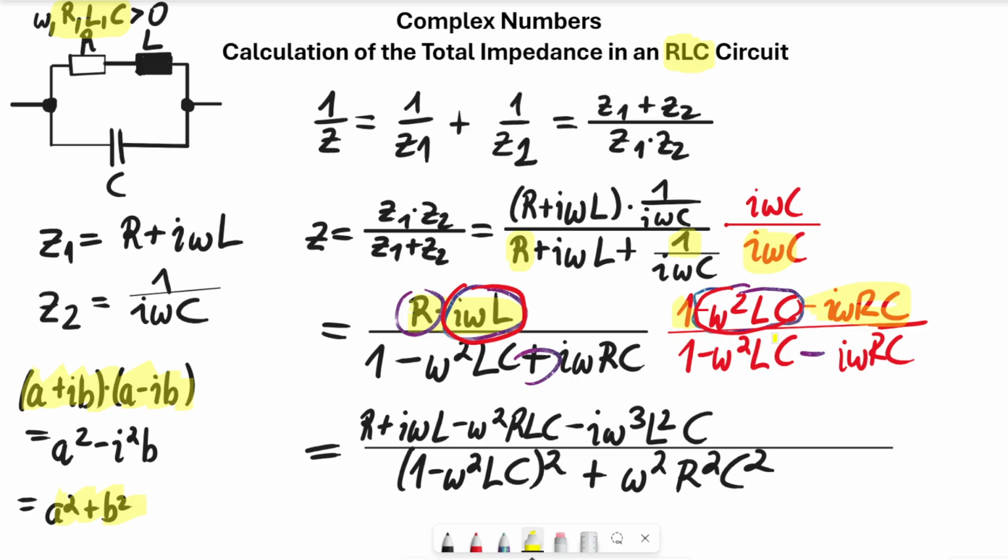So multiplication with R is not so difficult. You just have R squared instead. But the last one is then minus I squared, I squared is minus 1, so plus omega squared R L C.